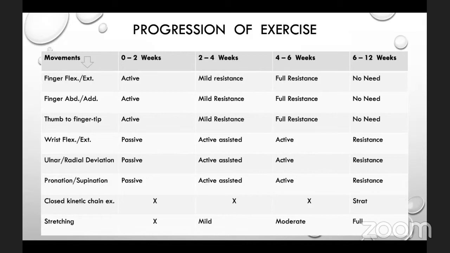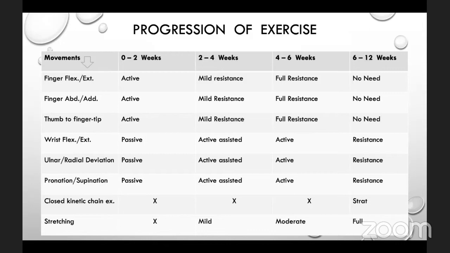Then in 2 to 4 weeks, I started doing active assisted. 4 to 6 weeks, it became active and then resistive. And in the last, you can see that initially I did not do any stretching. 2 to 4 weeks, mild stretching, then moderate, and after 6 weeks, full stretching. Similarly, closed kinetic chain exercises I added in the last. So this was my whole progression of exercise, which I showed you in my previous slide also with photos.